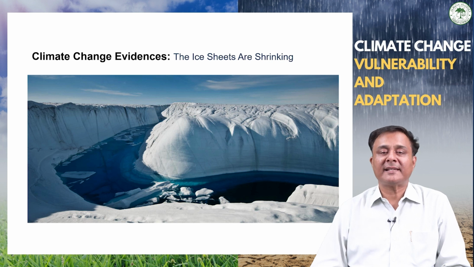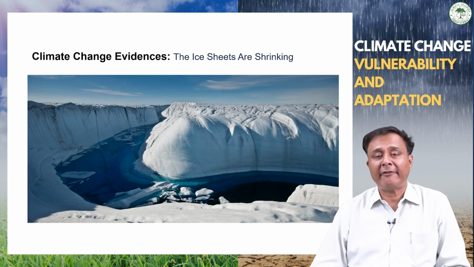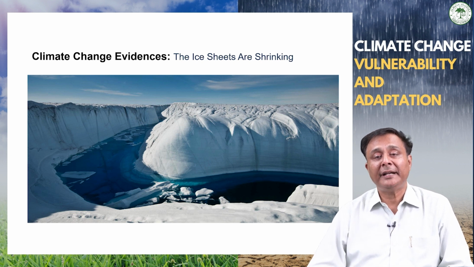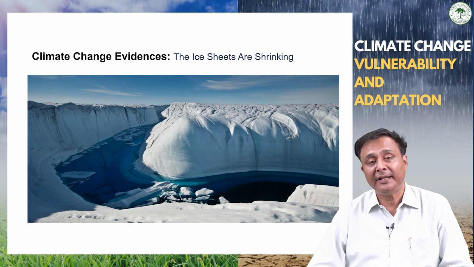The data from NASA's Gravity Recovery and Climate Experiment shows that Greenland has lost an average of 280 billion tons of ice per year since 1993. So in the last 30 years, 280 billion tons of ice have disappeared from Greenland.